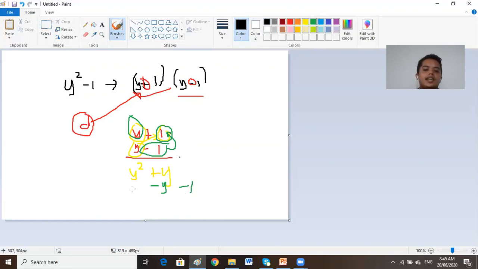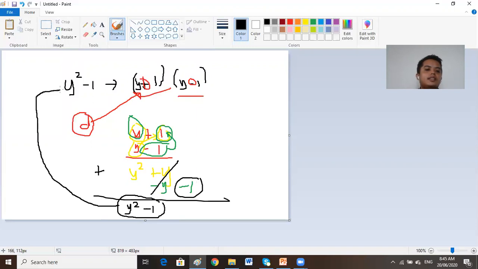Upon adding, you will arrive at y squared. Since the y terms cancel out, that is 0, it only remains negative 1. Notice that it is the same as the given.